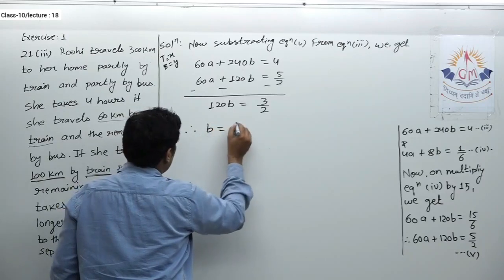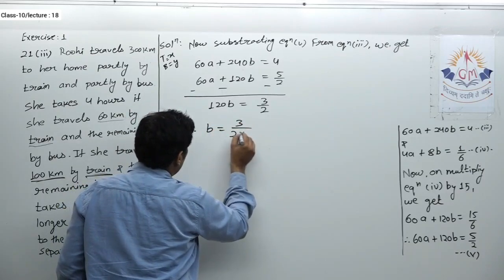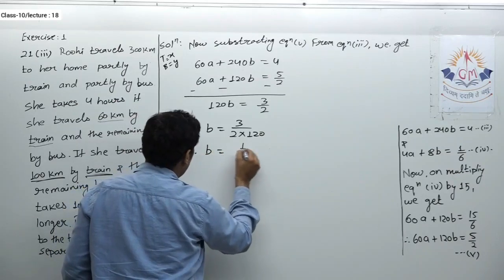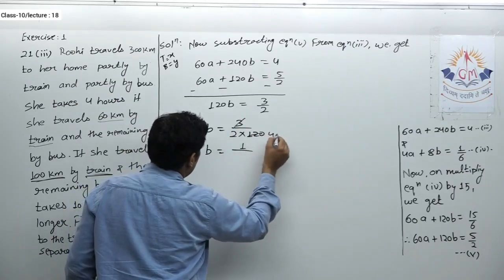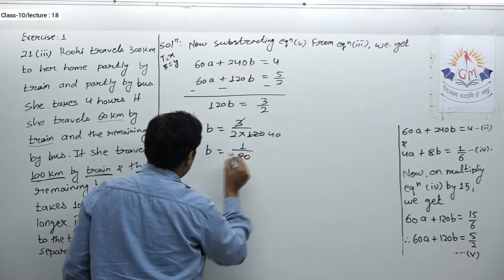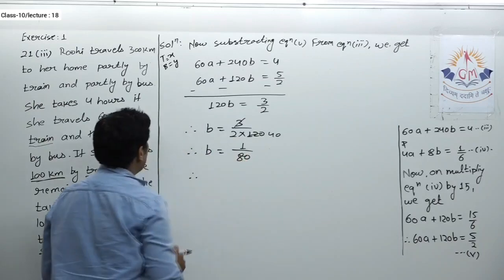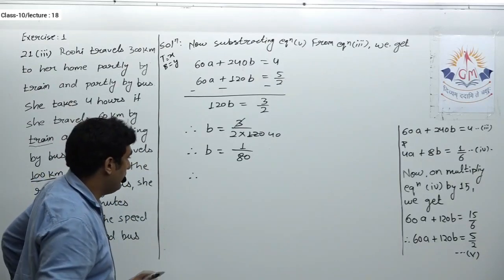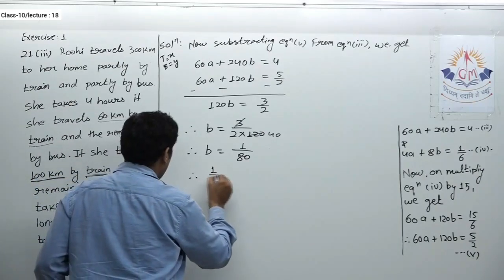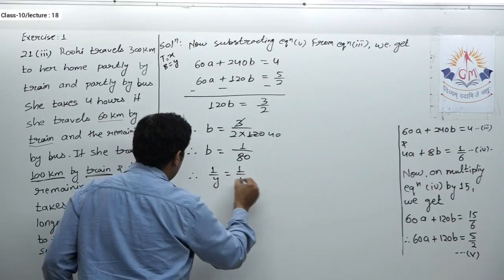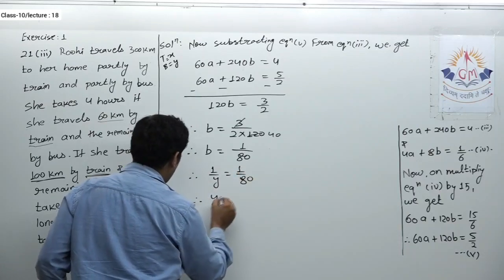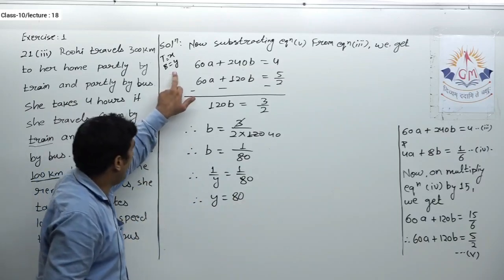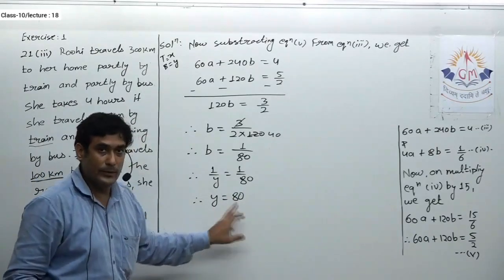Therefore B is equal to 3 upon 2 into 120. Therefore B is equal to 1 upon, here it will be 40, so 1 upon 80. Now what was B? B was actually 1 upon Y, that is 1 upon 80. Therefore Y is equal to 80. That means the speed of bus is 80 km per hour.